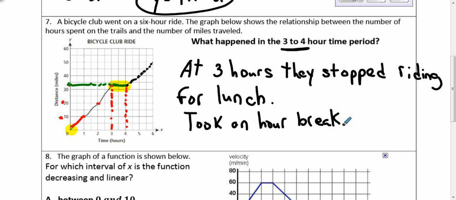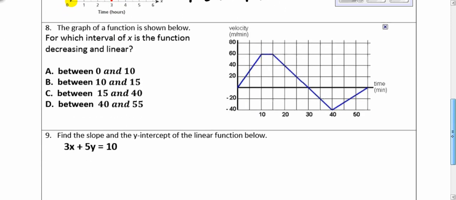All right. Number 8. The graph of a function is shown below. For which interval of x is the function decreasing, down from left to right? And linear is straight. So decreasing and linear.